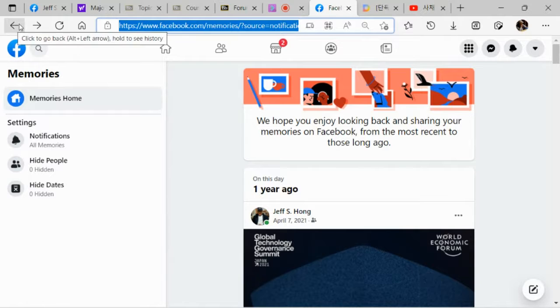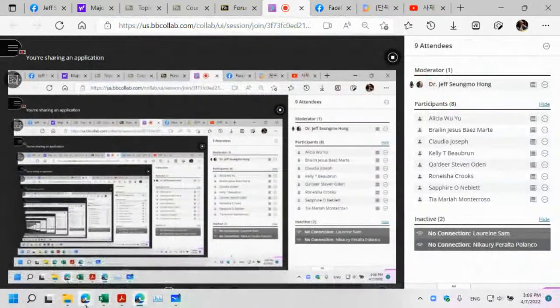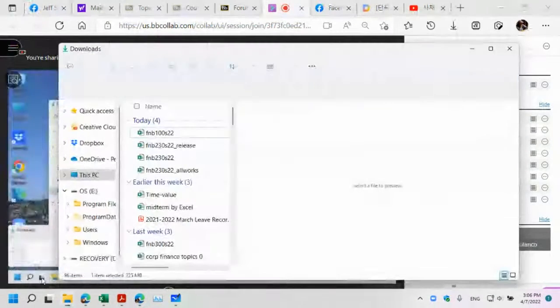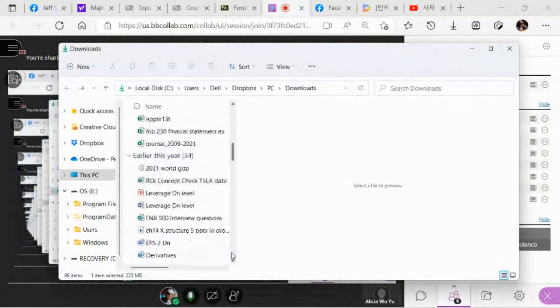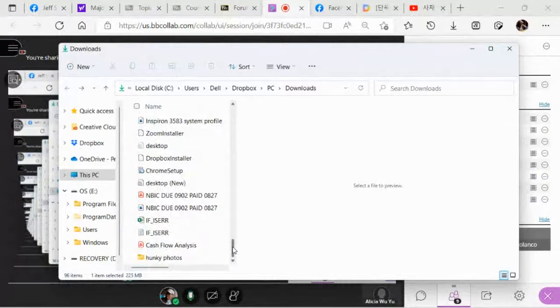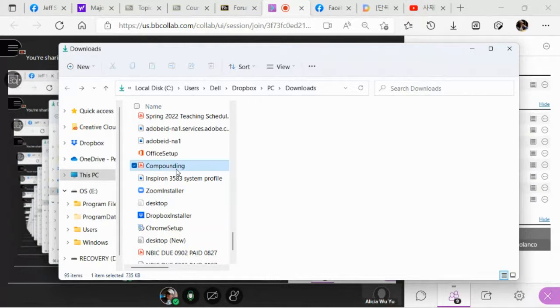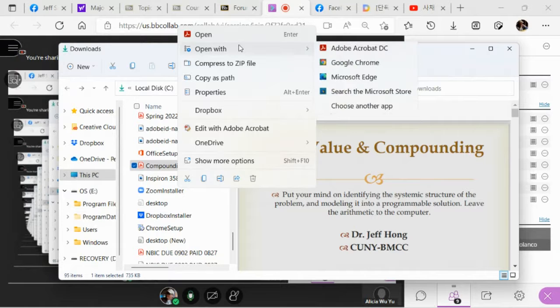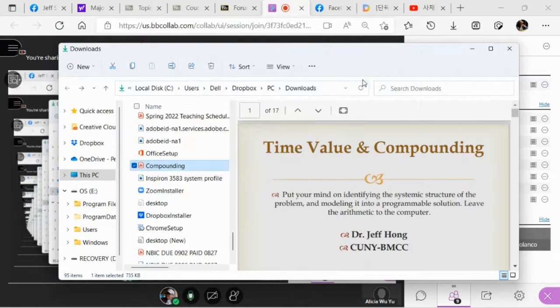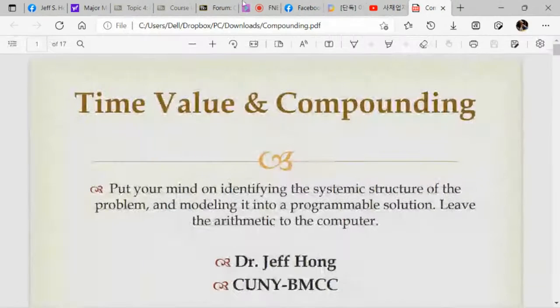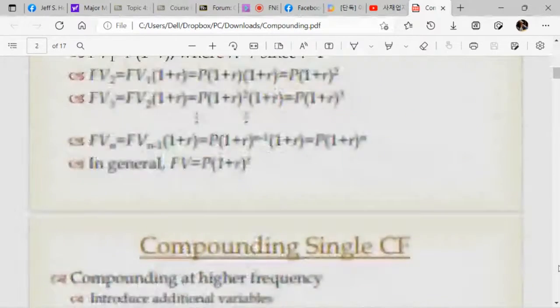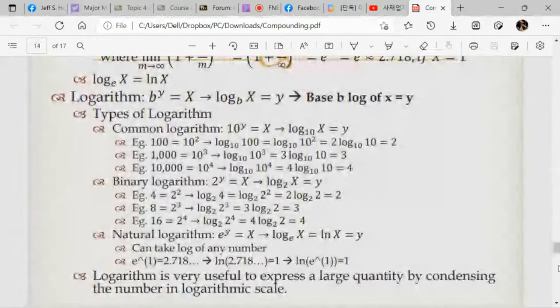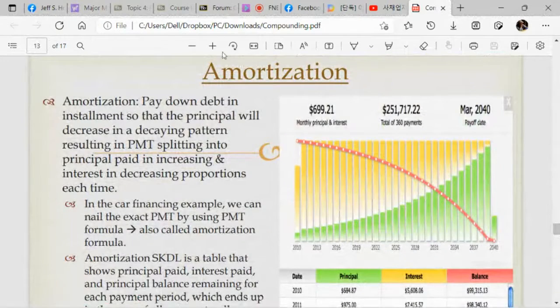Maybe from here, right? Compounding, open with Microsoft Edge. All righty.